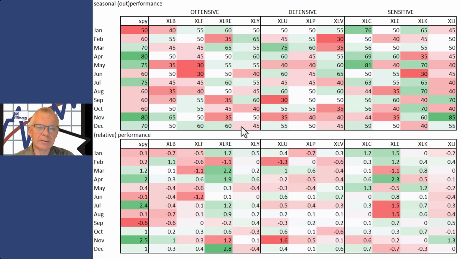Now, if you look at the line for December, we can see that 70% of the time SPY ended higher than it started. So, November and December are traditionally very good months for the stock market. And just looking ahead, things today look as if we will see another good month ahead.